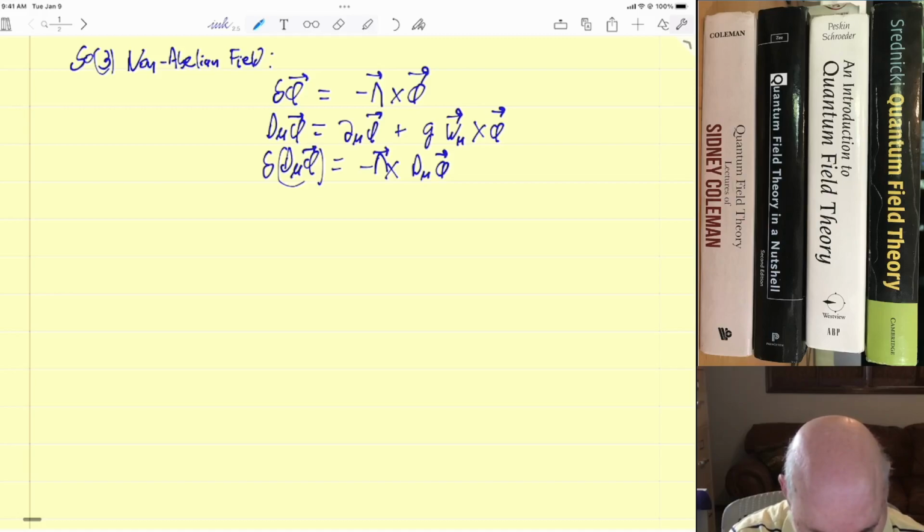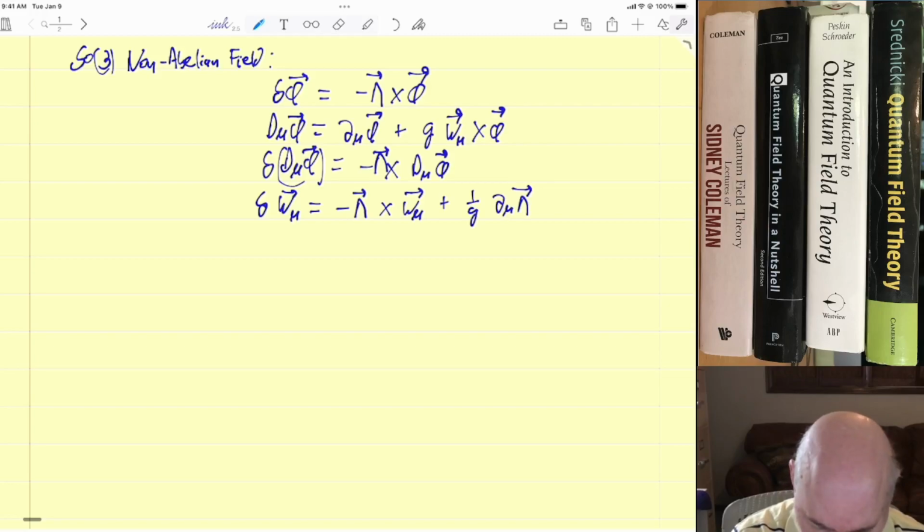And then we had how our potential transformed. This doesn't transform covariantly because it's a gauge thing. There's an inhomogeneous term, just like in electromagnetism. And then we defined our field. This is like F mu nu, but in this case it's a vector, not a scalar.